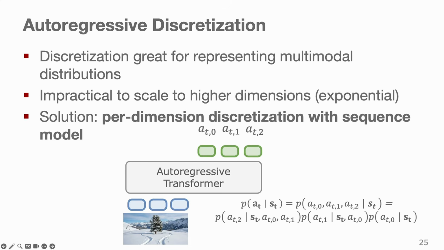But it's difficult to apply naively to higher dimensional spaces because the number of bins you need increases exponentially with higher dimensions. One solution is autoregressive per-dimension discretization, which is linear in the number of dimensions. You can then use a sequence model like an autoregressive transformer to decompose this, and this is essentially how the first VLAs were doing it.